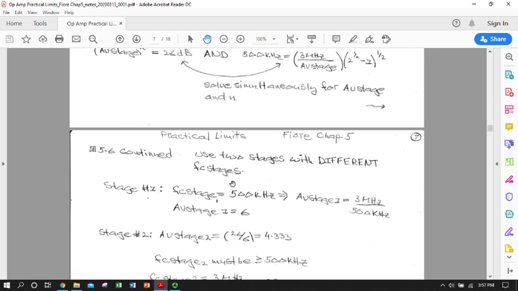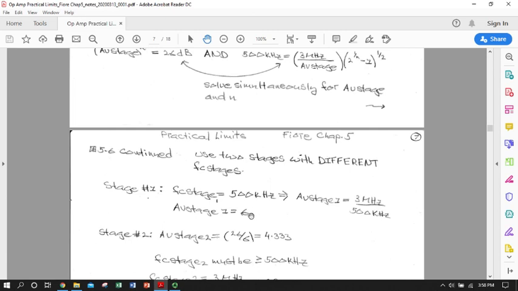And I believe that's what Mr. Fiore did in the textbook. Stage 1, we designed around our upper break needs. We said, okay, we're going to use whatever noise gain, which is the same as closed loop gain because we're non-inverting, that we need to get an FC per stage of 500 for that stage. So we just use our gain bandwidth divided by our FC stage, and we get the gain for that stage, so 6.